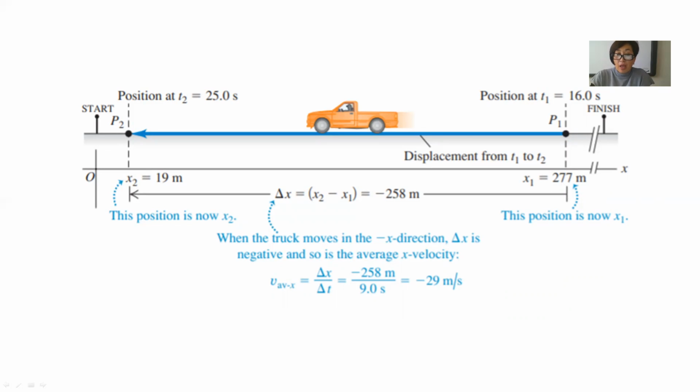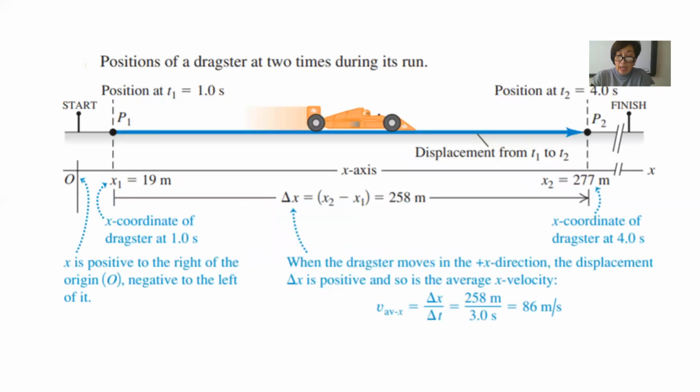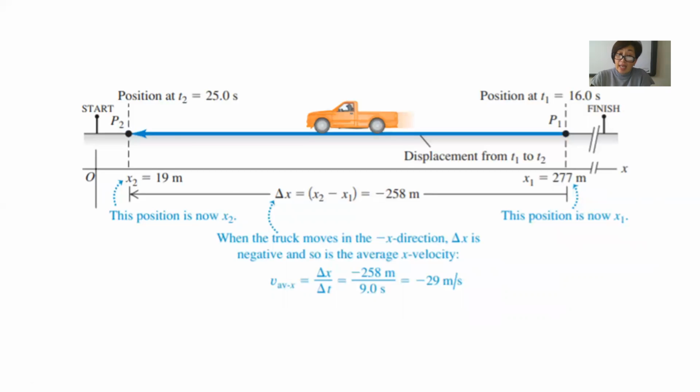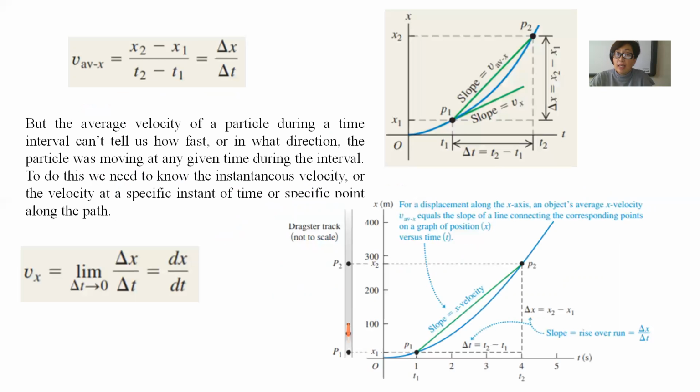Minus. In the first example, the average velocity is positive because the car moves to the right. The second example shows the car moving to the left, and the average velocity will be negative, minus 28 meters divided by second.